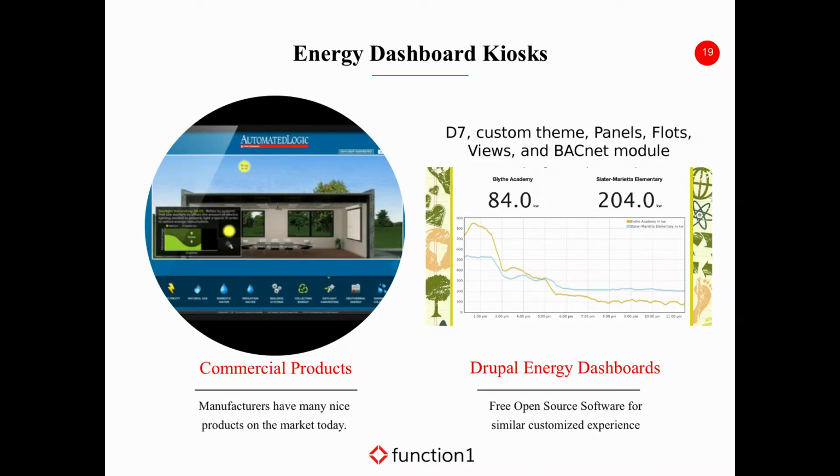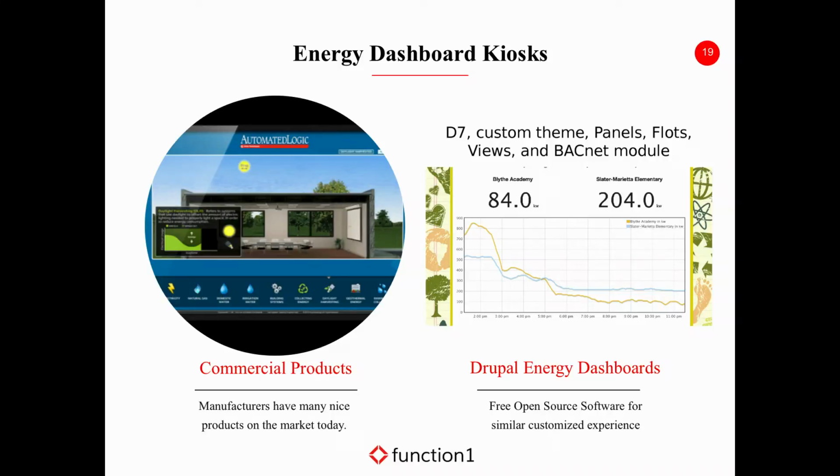This is an example of an energy dashboard that we did for the Greenville County School District using Drupal. In this case, they wanted this type of solution, so we gave it to them at a fraction of the cost. The commercial solution was like $225,000.